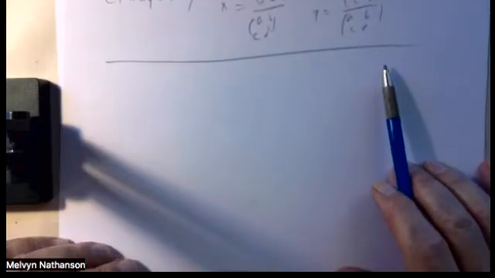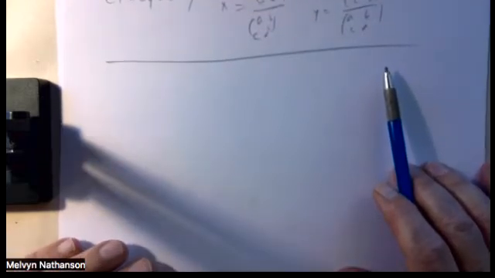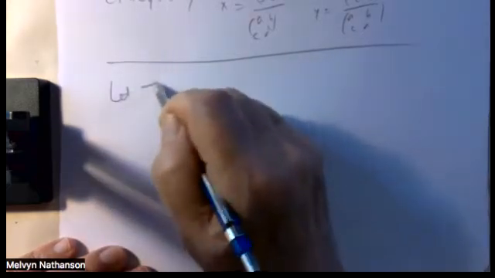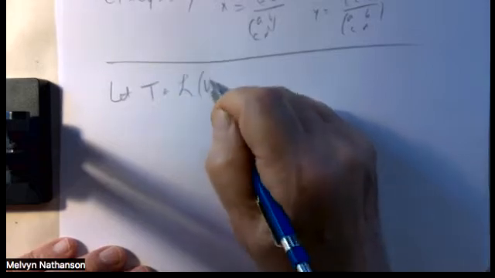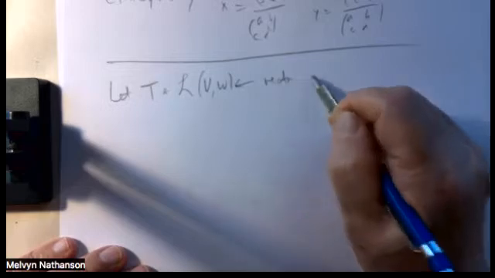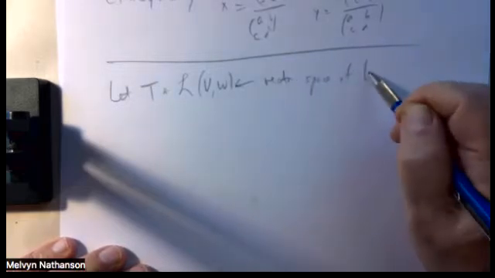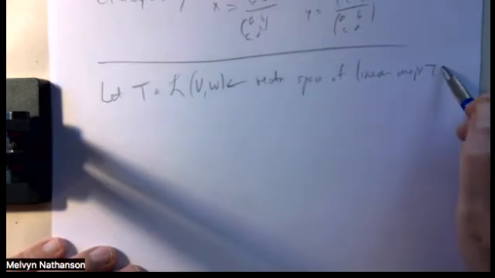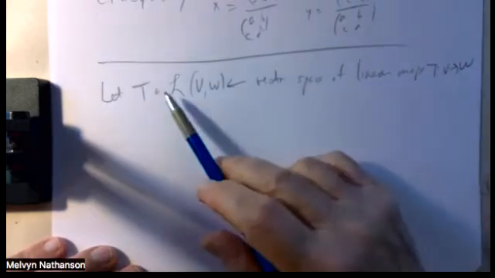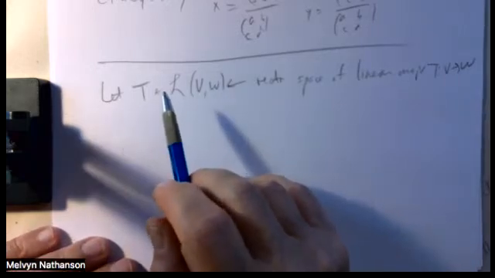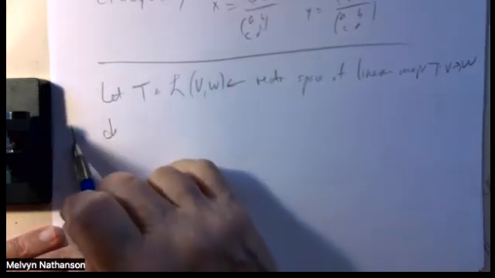So there is a fundamental connection between a linear map and a matrix. Suppose T is in L(V,W). Remember, L(V,W) is the vector space of linear maps T from V to W. Suppose V and W are finite dimensional vector spaces.